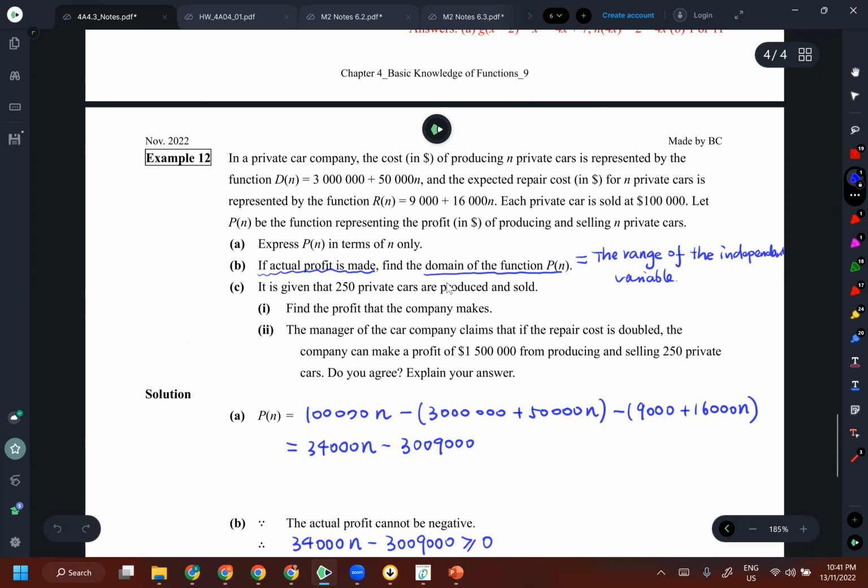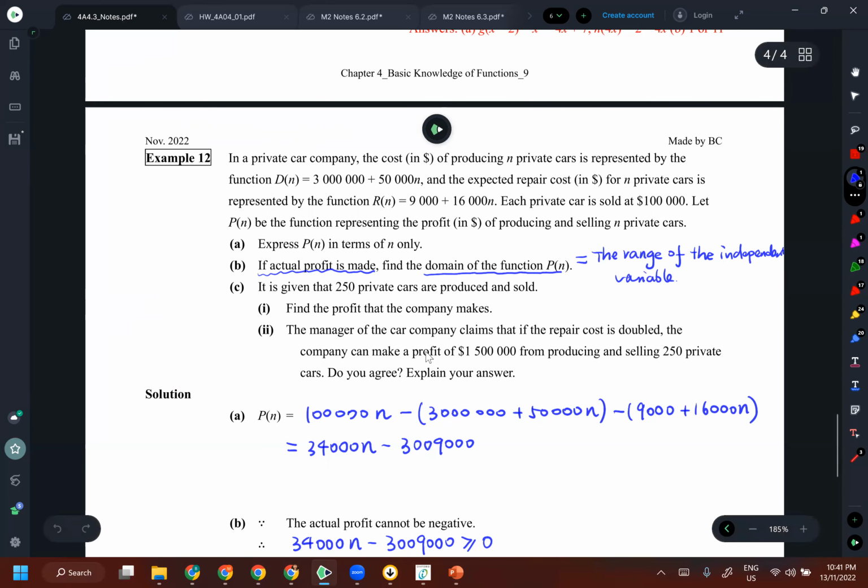So it's a different approach to find the domain for these two types of functions, one being abstract with no meaning, one being meaningful and of actual background.